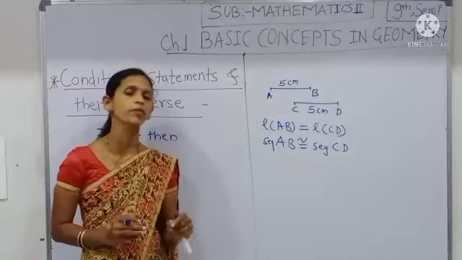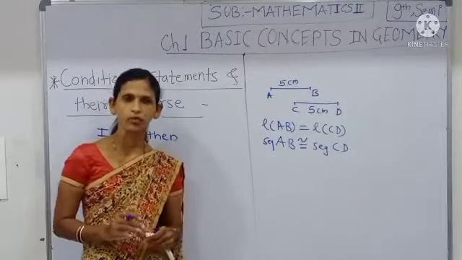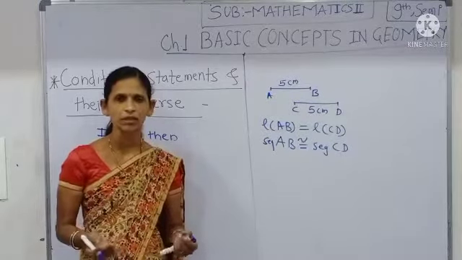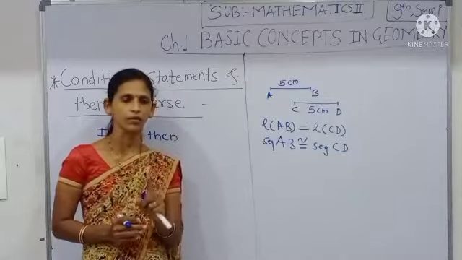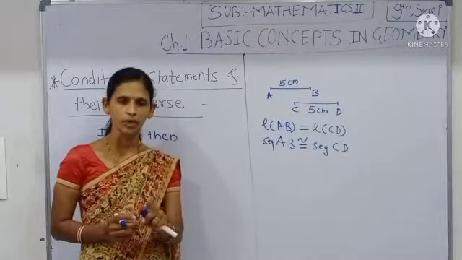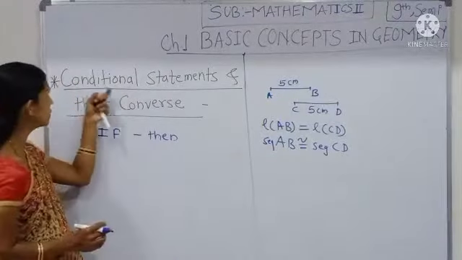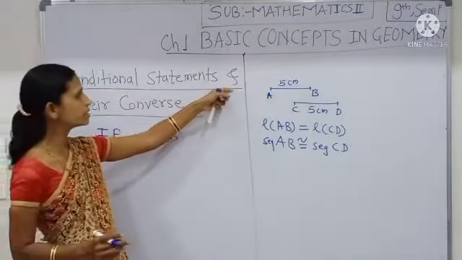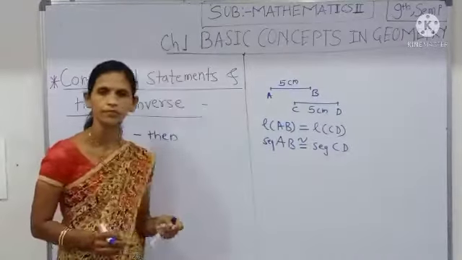A statement or property in geometry which can be written in the form of if and then is called a conditional statement. Let us study conditional statements as well as their converse.